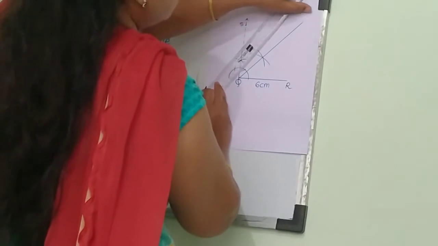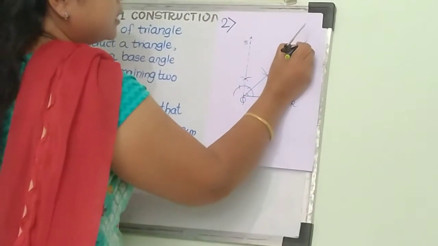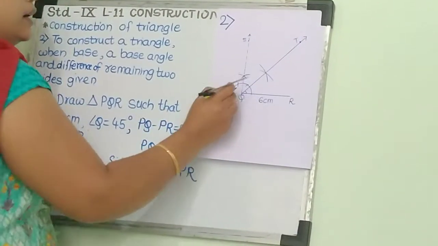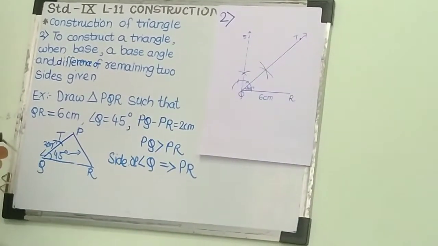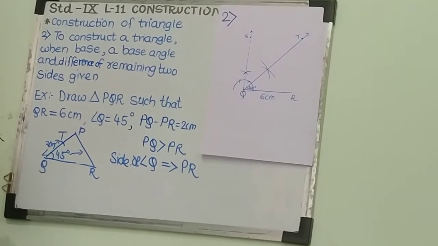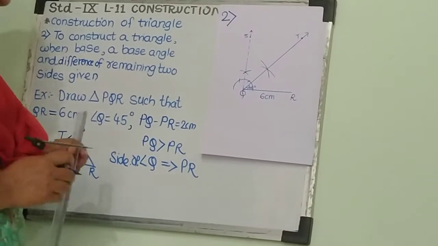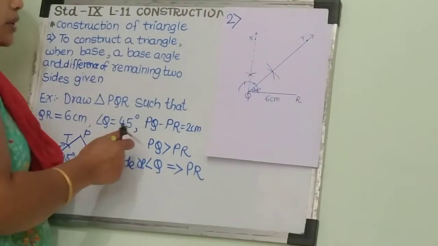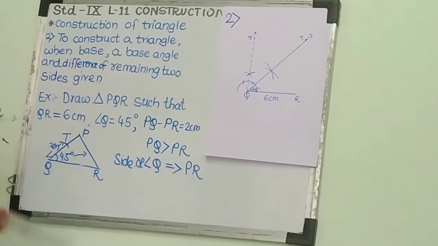Okay, so understood. Here we get the point, suppose T. So TQR is of 45 degrees. Now after that what we have to do? We have to take 2 centimeter in our compass, as the difference PQ minus PR equals 2 centimeter is given.